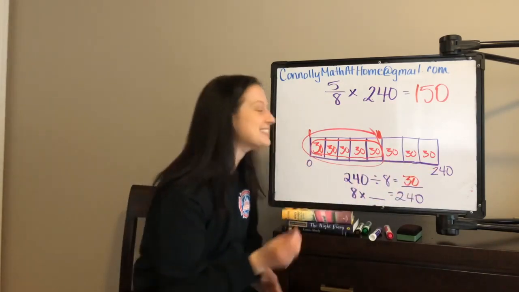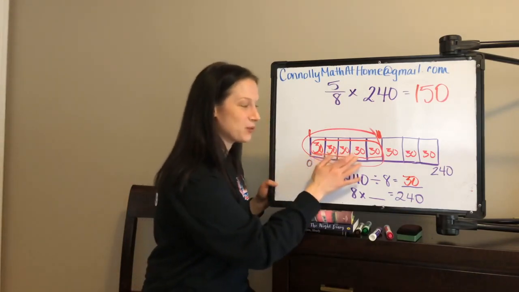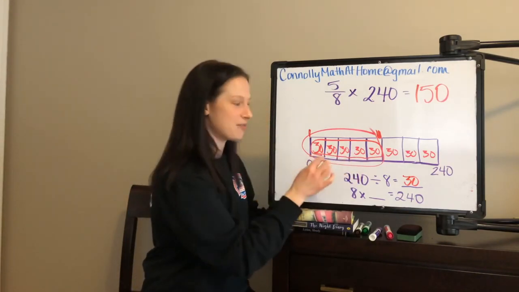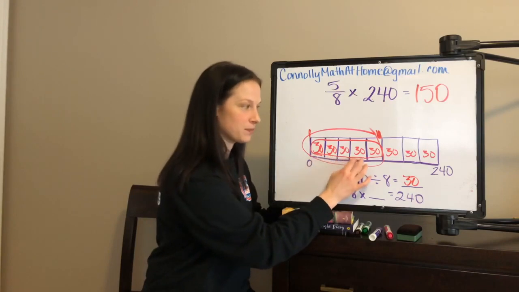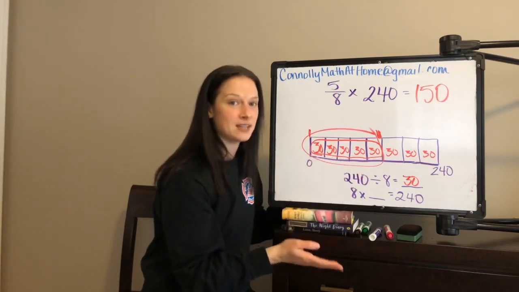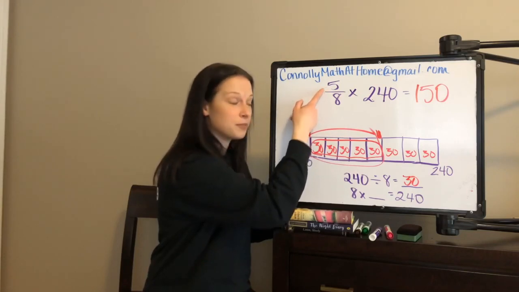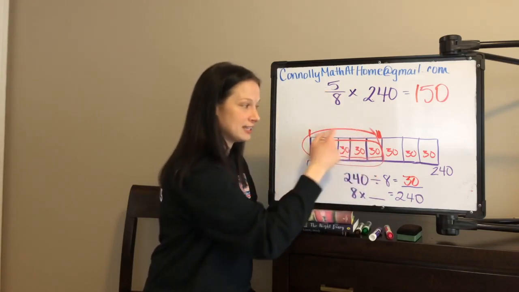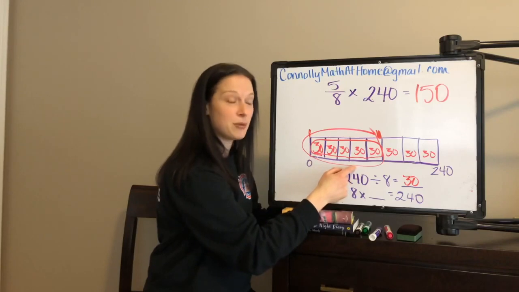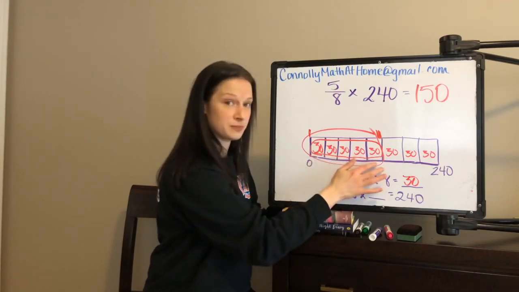We had determined what each piece was worth in terms of how many miles each piece would be worth. Then we had to think, how many of those pieces have we completed so far? We completed 5 out of 8, so we circled them and we figured out what that was equal to.